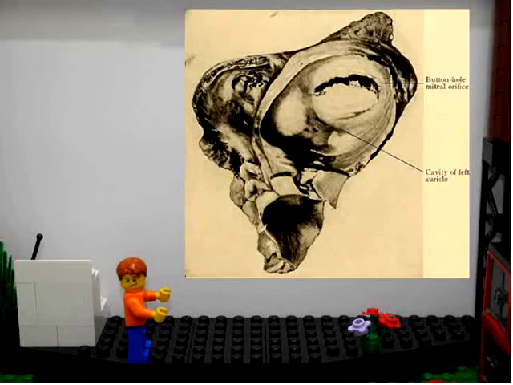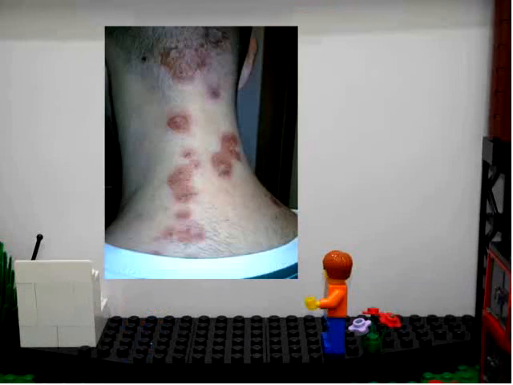Fortunately, this is much less common these days, as rapid identification of strep throat leads to earlier initiation of antibiotics.